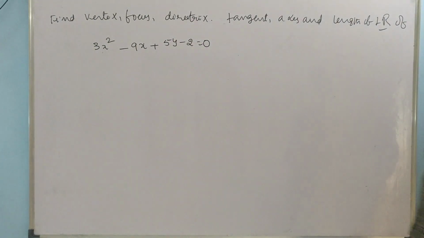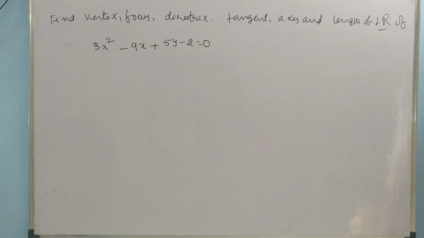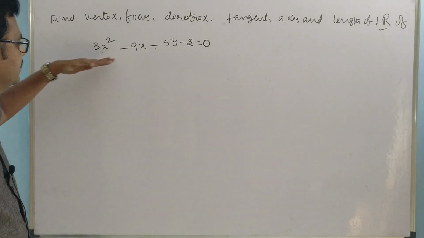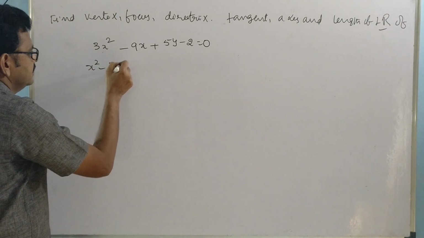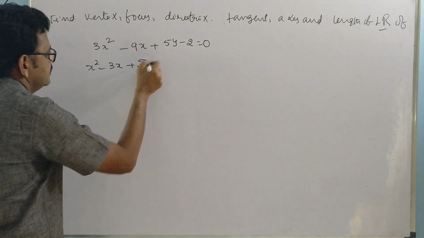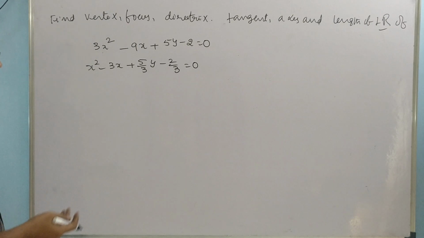We have to find the vertex, focus. So first of all reduce this equation into standard form. Dividing by 3, this is x square minus 3x plus 5 by 3 y minus 2 by 3 is equal to 0.